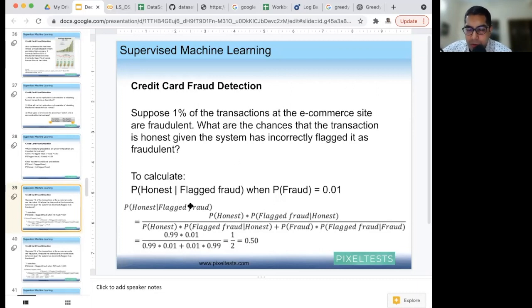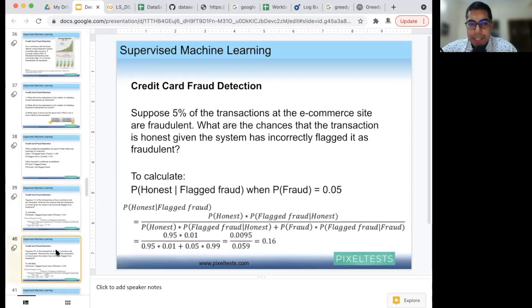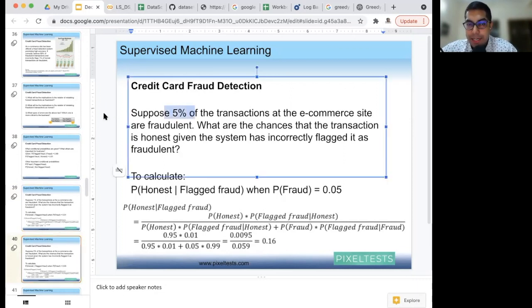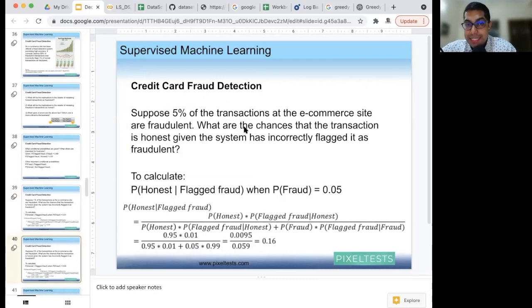When I perform this calculation, I get 0.5. That's actually a fairly high chance, right? Now, same example, if 5% of the transactions are fraudulent, what are the chances the transaction is honest given the system has incorrectly flagged it? It changes to 0.16.